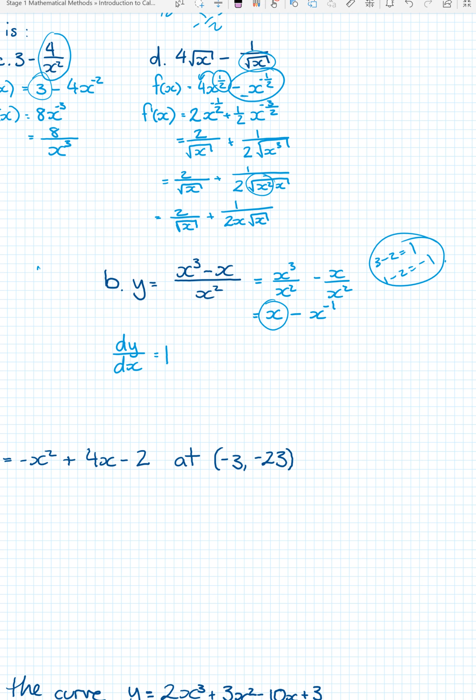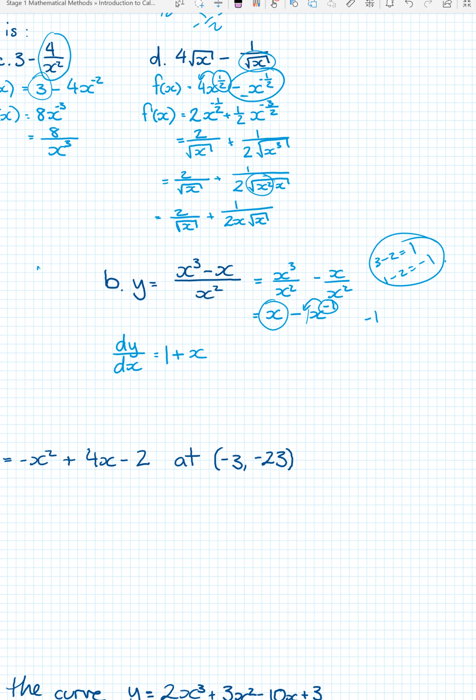And then we have subtract x to the power of minus 1. So we need to multiply our imaginary 1 in front of the x by the negative 1 that's our power. So we're actually going to end up with positive 1.